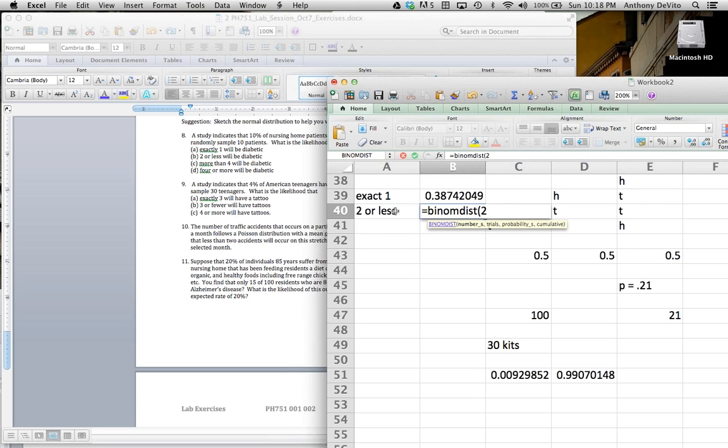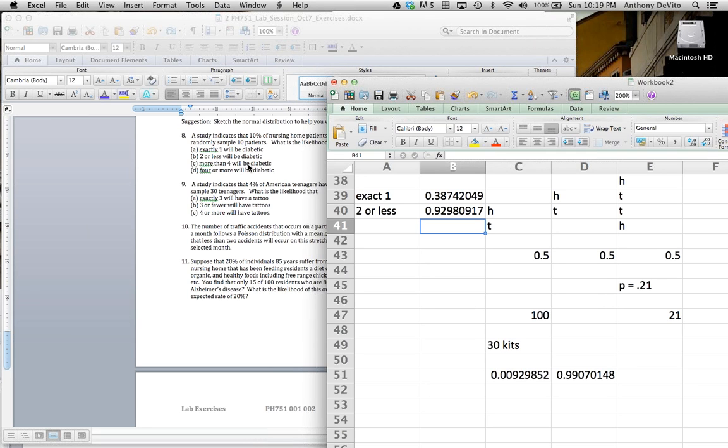So that's going to be 2 successes, comma, and everything below it, because we're going to say true now, out of 10 trials, 10 people randomly selected. 0.1 is the probability of any individual being diabetic, comma, except this time I'm going to say true, and that's going to include 2, 1, and 0, 2 or less. That's 93%.